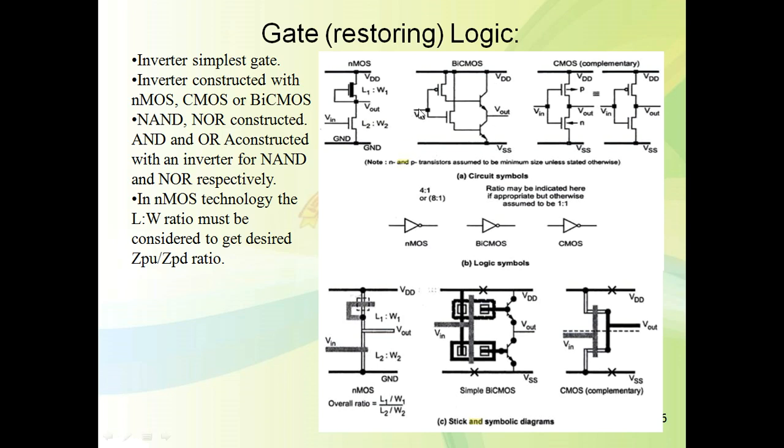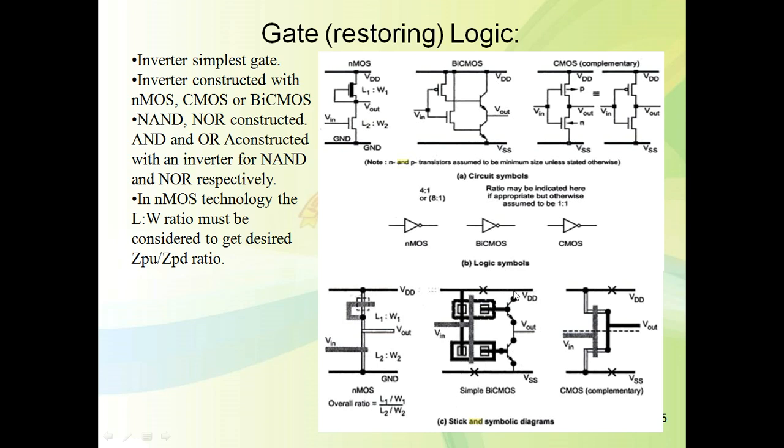When Vin is 0, this transistor is off and the other transistor is on, so it drives the upper transistor and suddenly gives the output voltage VDD.